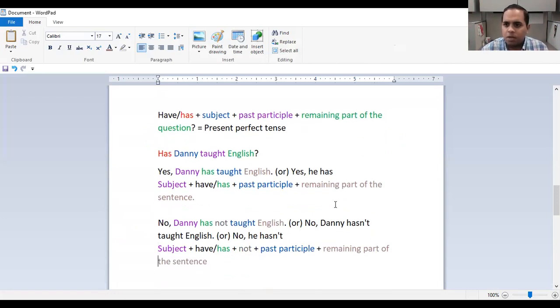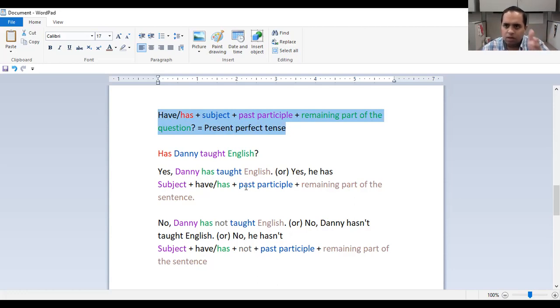So to sum up, we use the present perfect tense when the action or the event is not complete, or we don't know the time at which the action happened. This is the structure of the present perfect question. It's have or has. Have is plural.